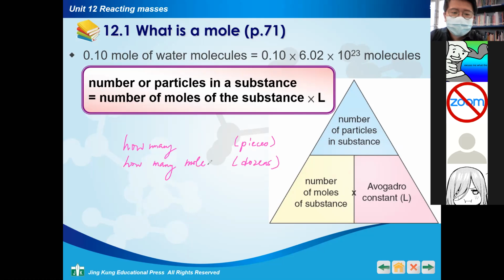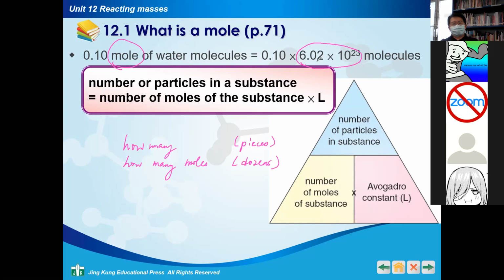So remember, while you read the questions, you may see the conversion. If you have 0.1 mole of water molecules, remember the times Avogadro constant. So be aware of the wordings of the questions. It's not just the chemical, but also the way to present the idea. Is it how many or how many number of moles?